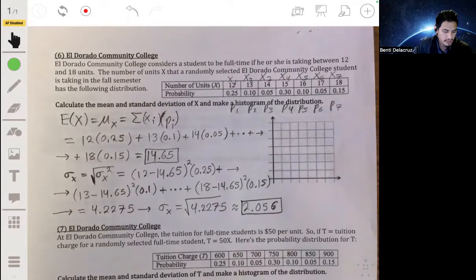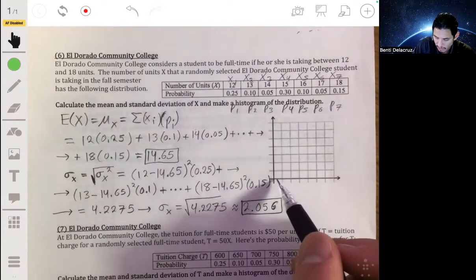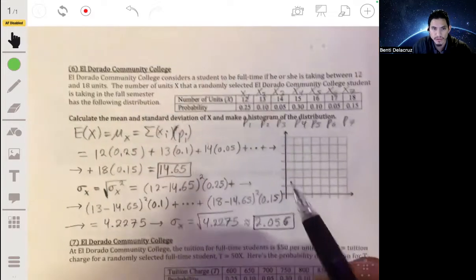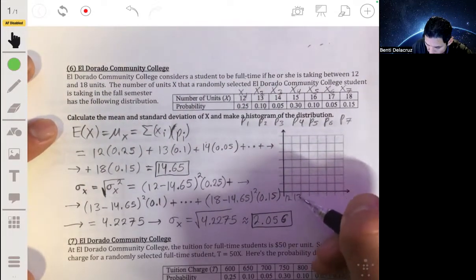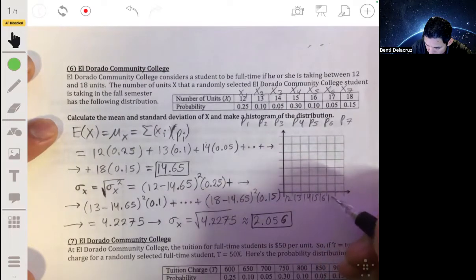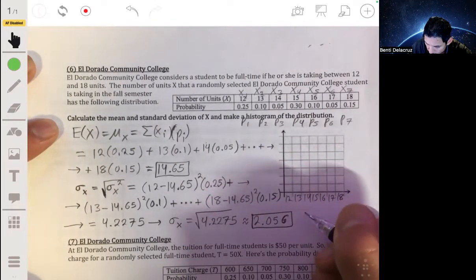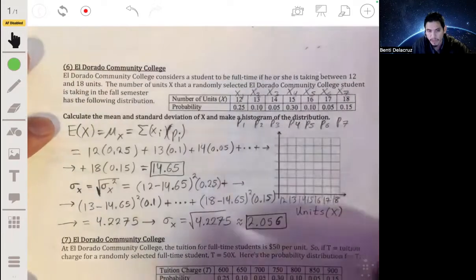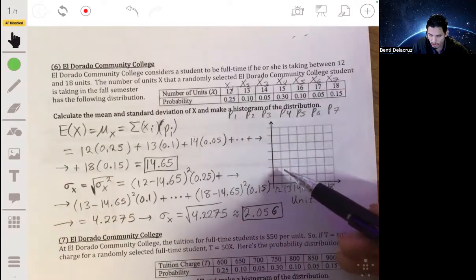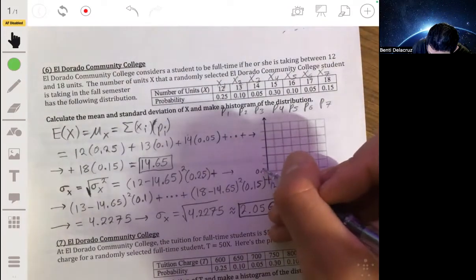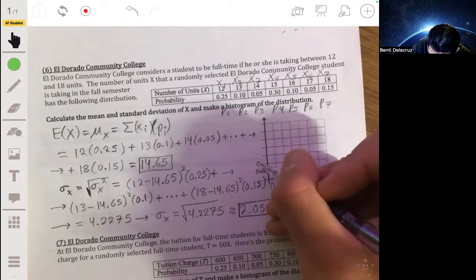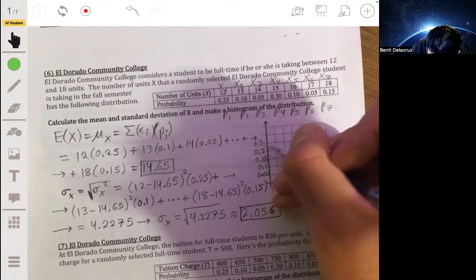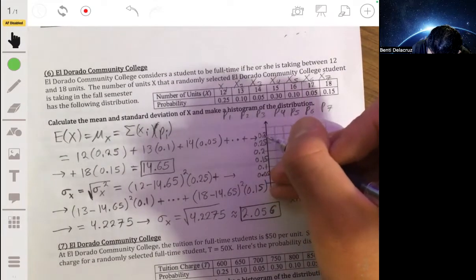All right, now if we want to make a histogram, we're going to have our random variable values on the horizontal axis and the corresponding probabilities on the vertical. So we're going to have 12, 13, 14, 15, 16, 17, 18, the number of units X. The corresponding probabilities will go by 0.05, 0.1, 0.15, 0.2, 0.25, 0.3.